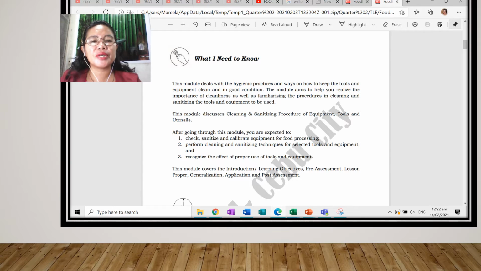And number three, recognize the effect of proper use of tools and equipment. So this module covers introduction, learning objectives, pre-assessment, lesson proper, generalization, application, and post-assessment.